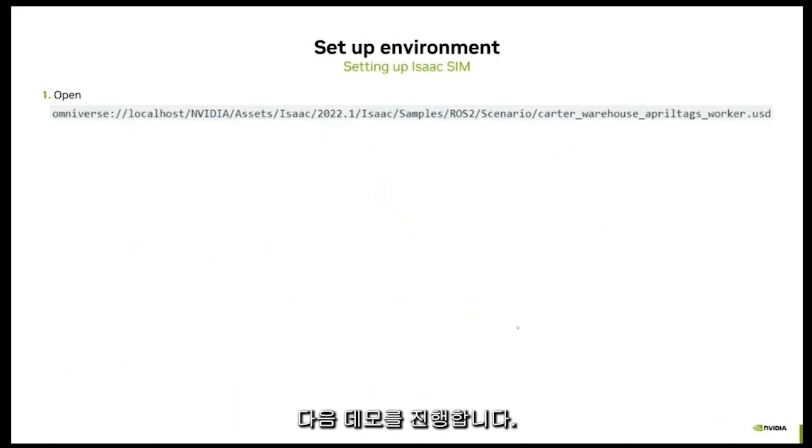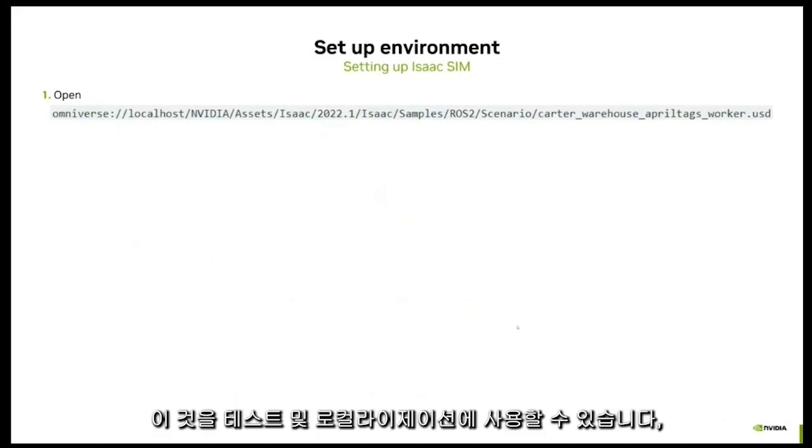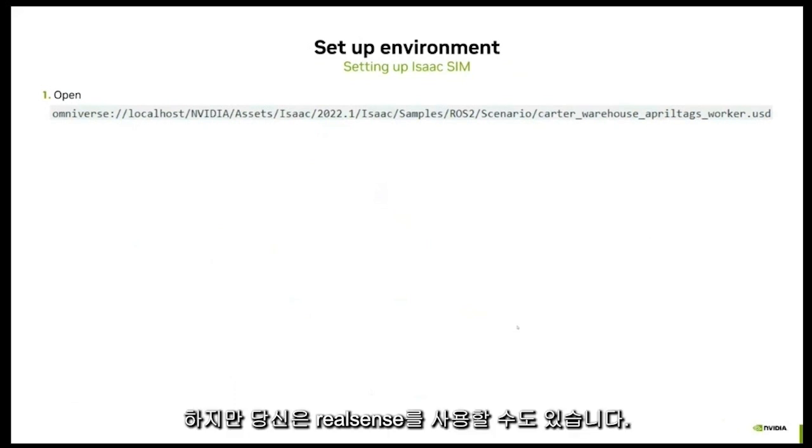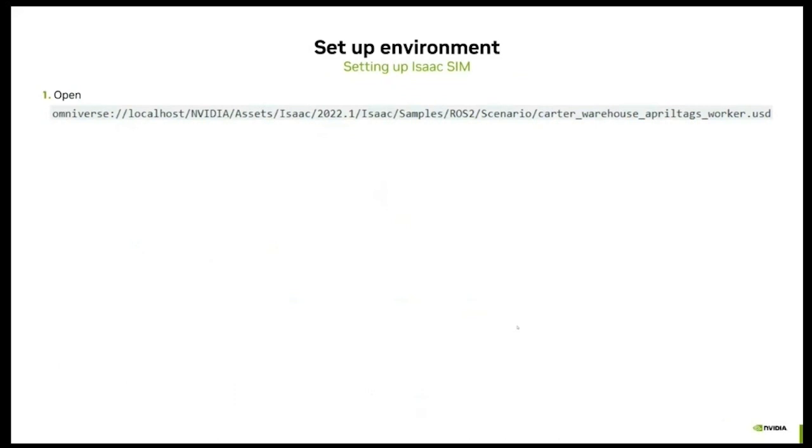After that, this is a demo if you want to use Isaac Sim. In this case, you can use it to test the localization, but you can use a RealSense.